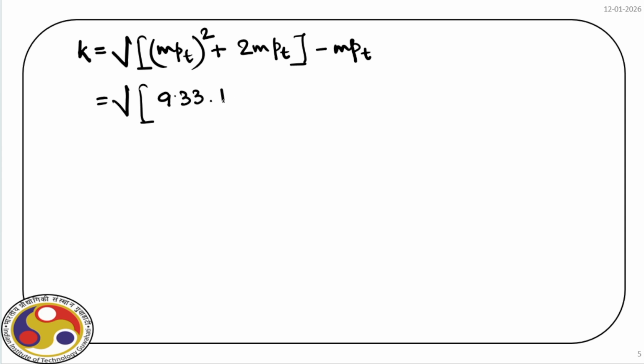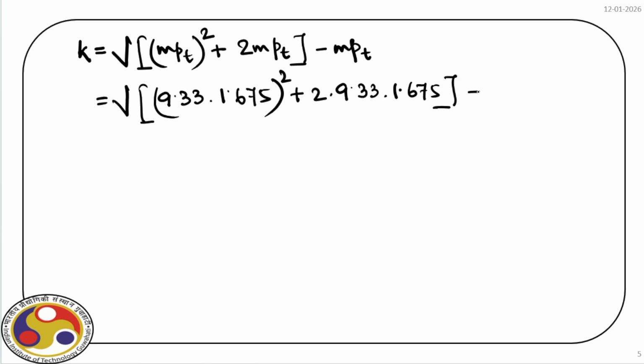Times we have 1.675 square of this plus 2 times 9.33 times 1.675, bracket close, minus we have m times pt, so 9.33 times 1.675.